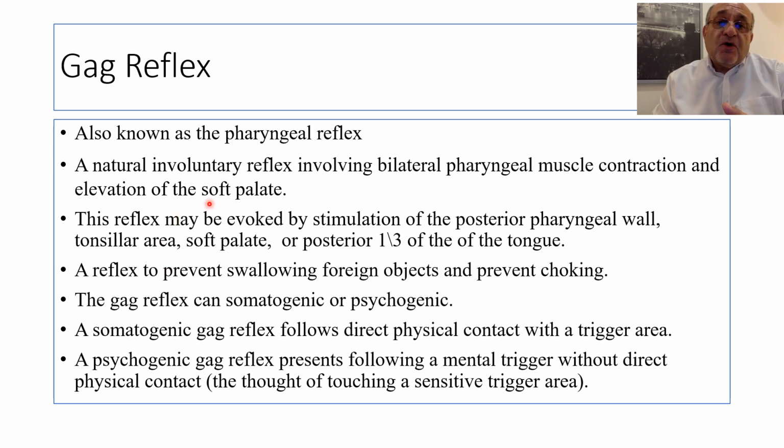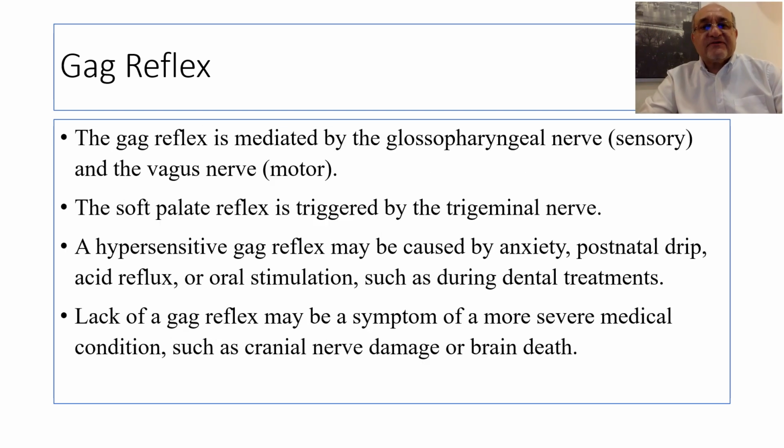A psychogenic gag reflex presents following a mental trigger, so there is no actual direct physical contact with the areas, like the thought of touching a sensitive trigger area. However, the somatogenic gag reflex is more common, at least in dental practice. The psychogenic is a more severe form of the gagging reflex.